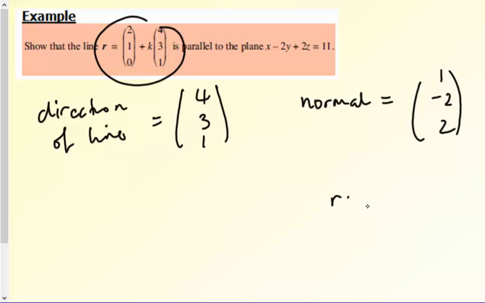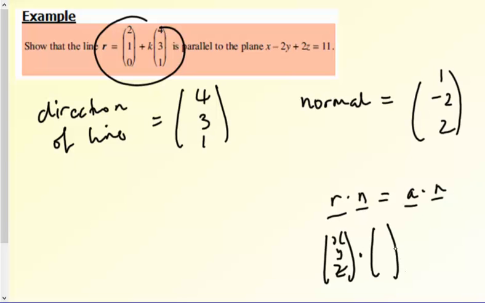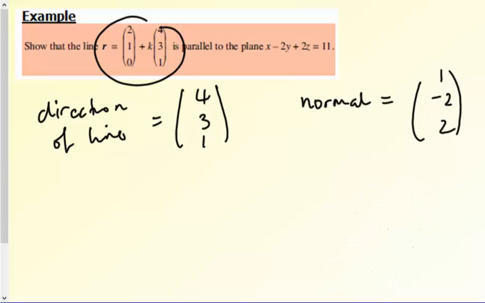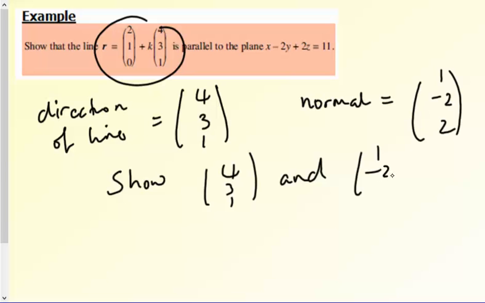Okay, so if you remember, we're getting that from the fact that r dot n is equal to a dot n. r is a general point on the plane, and n is our perpendicular vector to that plane, and that's going to be equal to 11 in this case. So we can see that the direction of the normal is 1, -2, 2. Right then, so what we've got to do then is show that 4, 3, 1 and 1, -2, 2 are perpendicular.